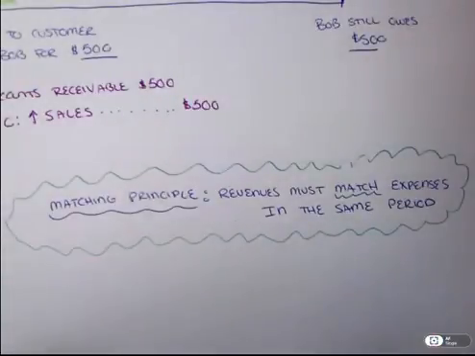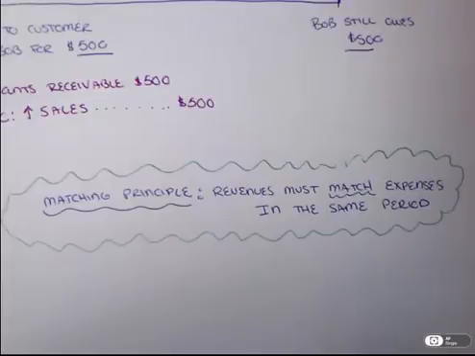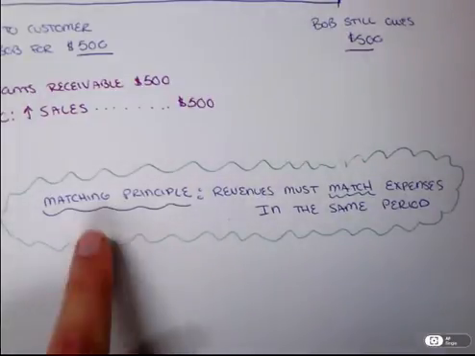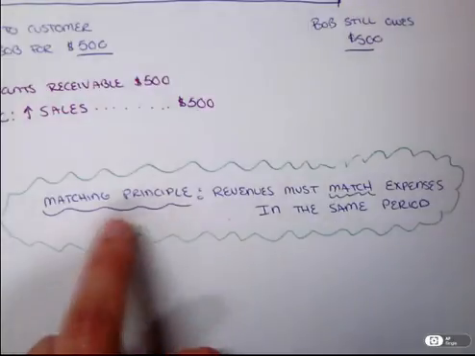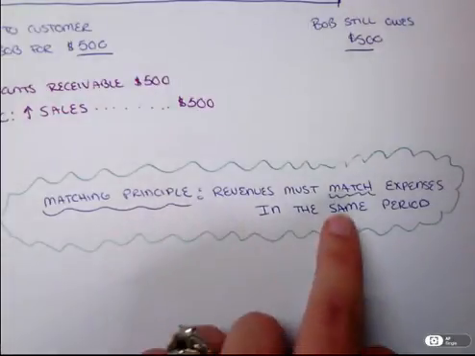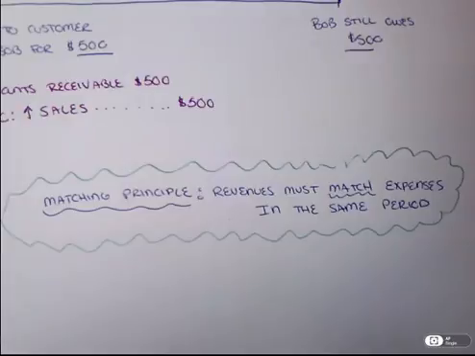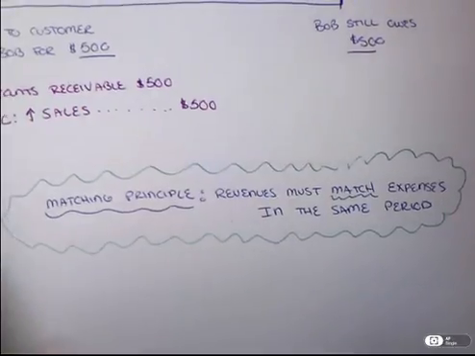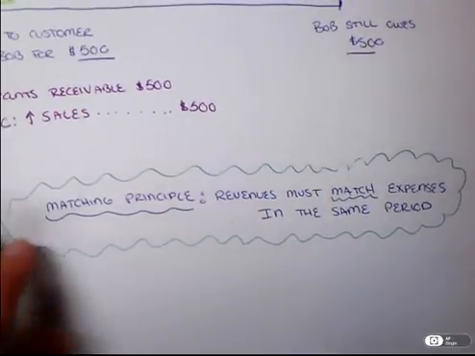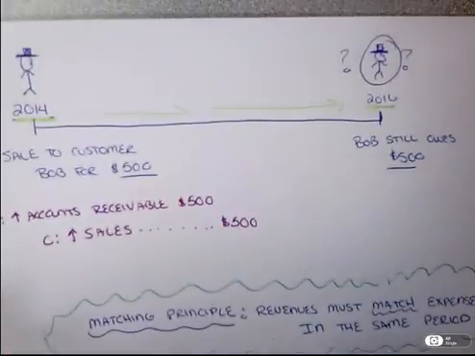So if you remember from early on in this class, a concept that was introduced early in Chapter 1 or 2, the matching principle. The matching principle means that revenues must match the expenses in the same period. It's kind of a confusing topic, but it's not that difficult to understand when you have a situation like Bob's.